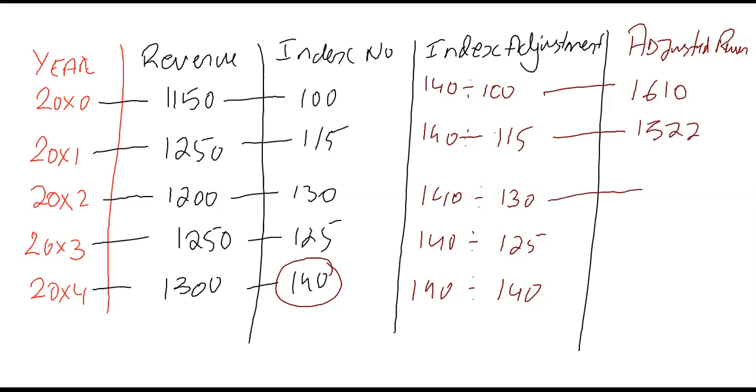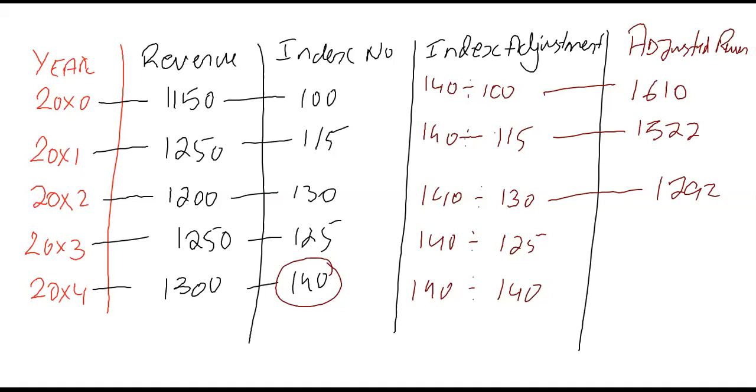Let's go for the third one, which is 1200 multiplied by 140 and divided by 130. So I'll get an answer of 1292. Remember, the rounding-off rule: if after the decimal point you get 5 or more, then you round up. If you get less, then you round down.